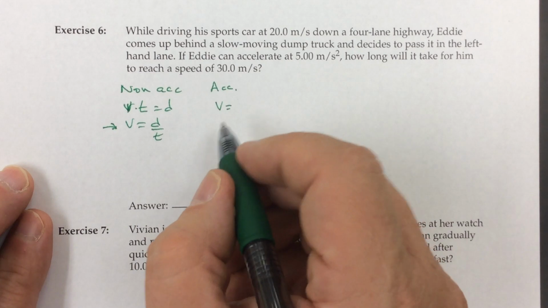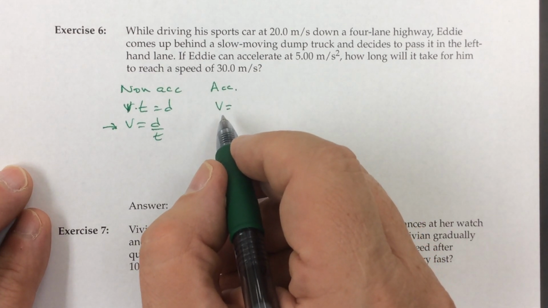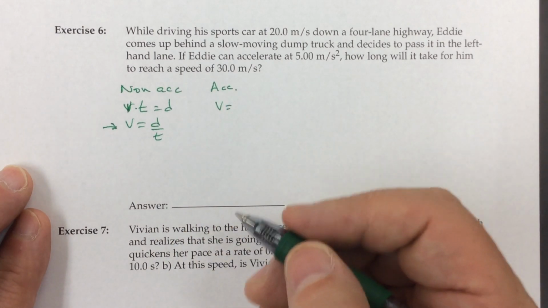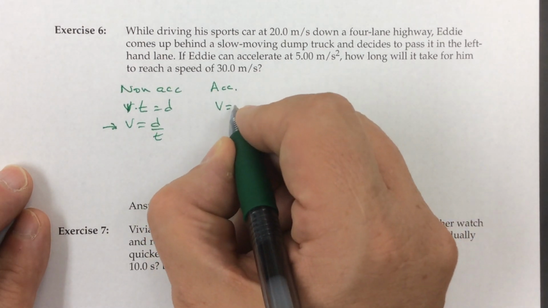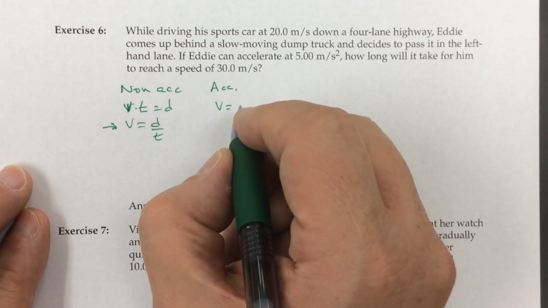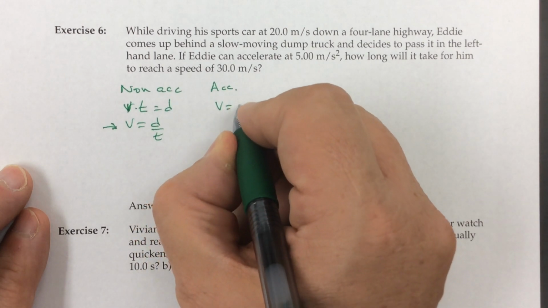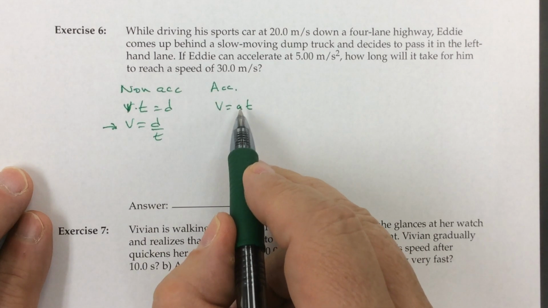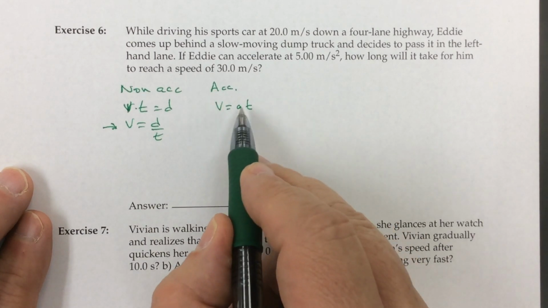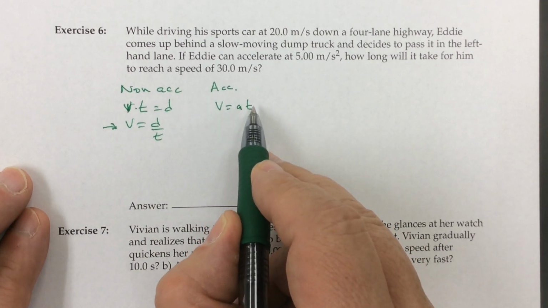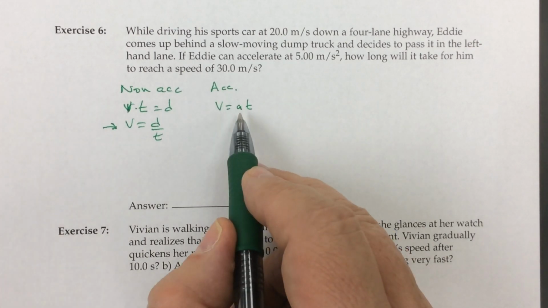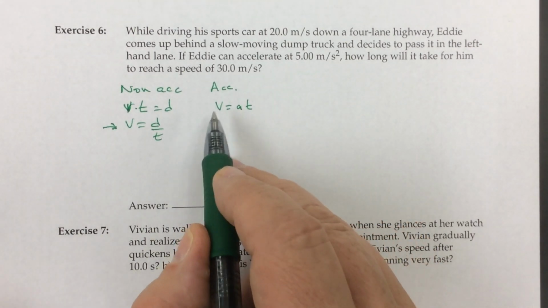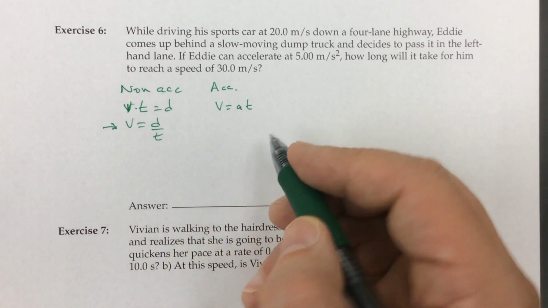But if it's accelerated, velocity is not just going to be distance divided by time, right? Instead, it's going to be V equals AT. So it's going to be the product of whatever the acceleration is times the time, because it's going to get faster every second. So in the second it's going to be that much faster, and then the next second it's going to be that much faster, and so the velocity is going to increase incrementally.